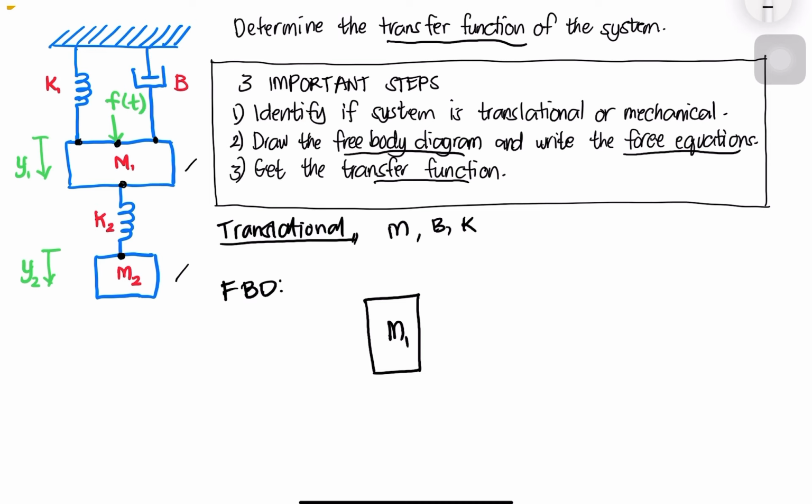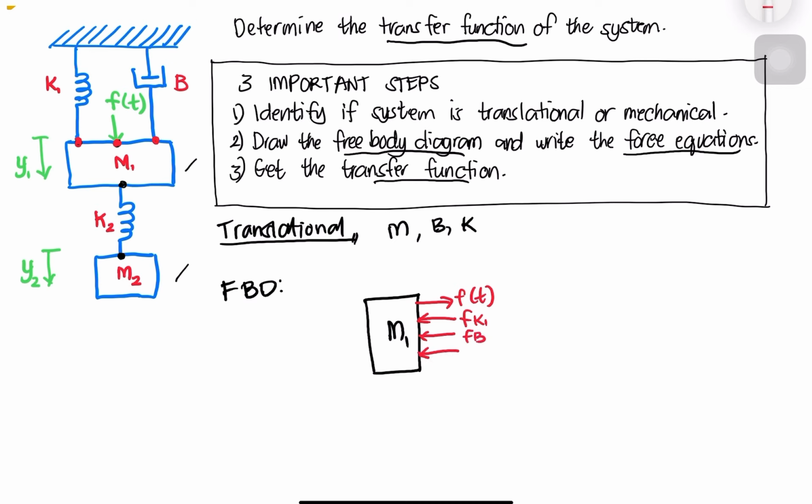So for mass 1, we have the applied force F of T. And then we have here FK1, an opposing force. So depending on its direction, to the right or to the left. So FK1. And then we have FB.